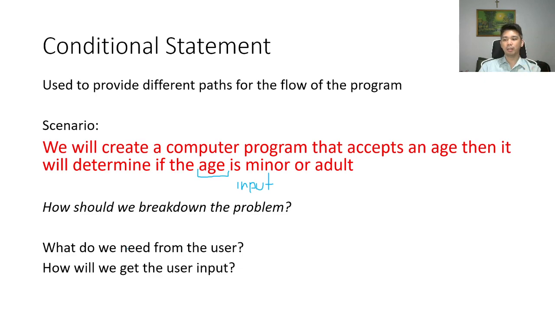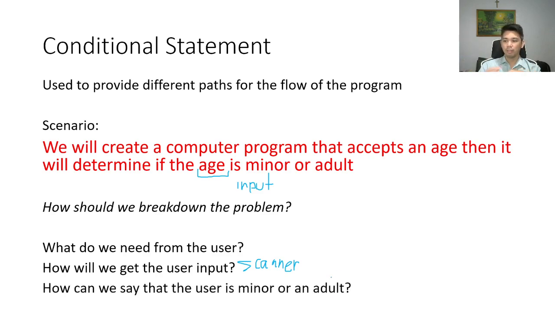Next, how will we get the user input? We need an input, therefore in our code, we need to be able to type in something that will ask the user for an input. So definitely you need here a scanner object. You need to declare the scanner object, and you need to import the scanner.